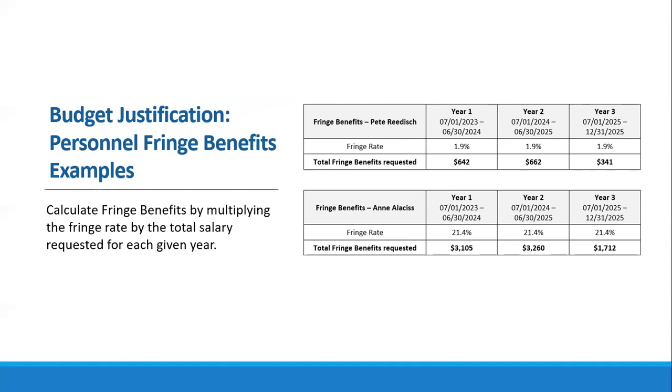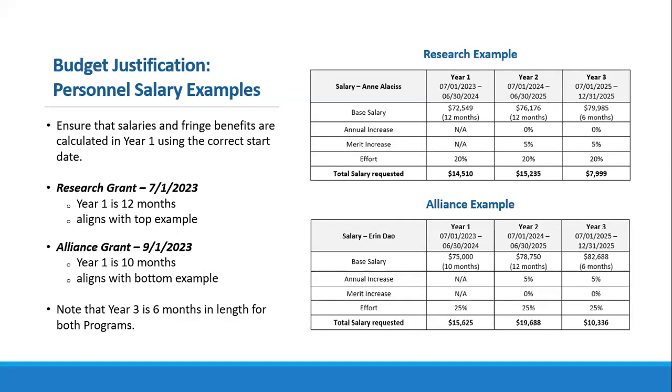Yes? Sorry. So with our salary, we put in what we are currently being paid by our employers? That's a good question. There's a couple different answers to that question. You'll note in the budget justification, the base salary for all of the paid employees is required.